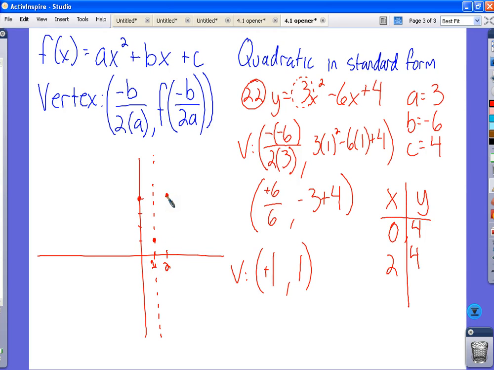So we should also get a 4 just by the symmetry of a parabola. We can make sure that we do. We can do 2 squared is 4 times 3 is what? 4 times 3? 12. Then 6 times 2? 12. So we get 12 minus 12. 0 and we're left with 4 again.